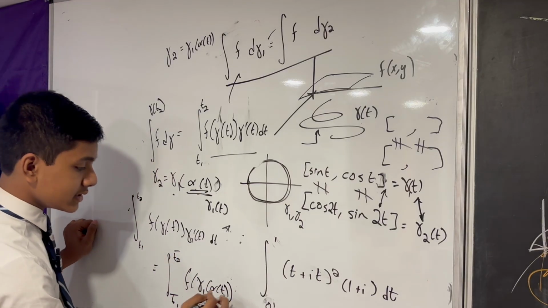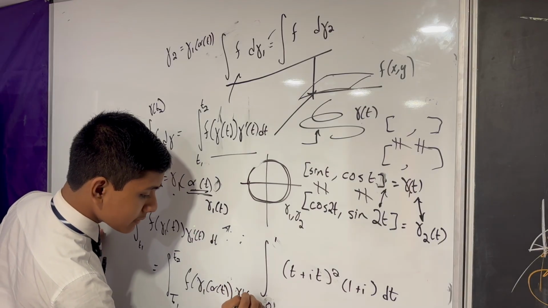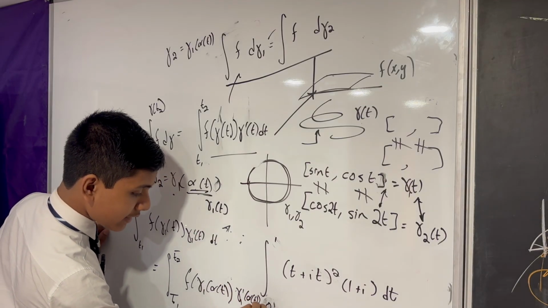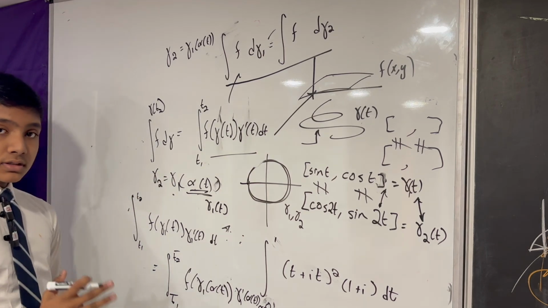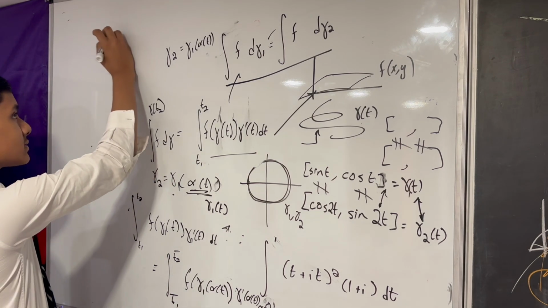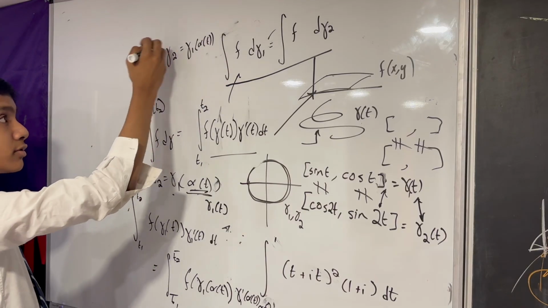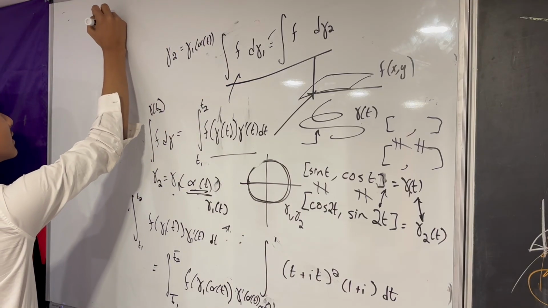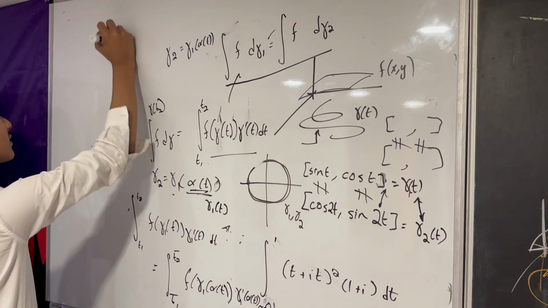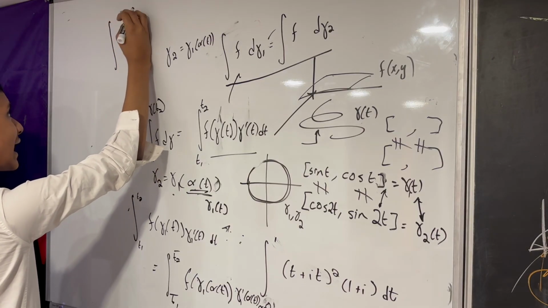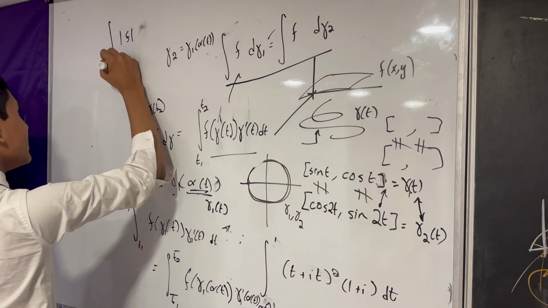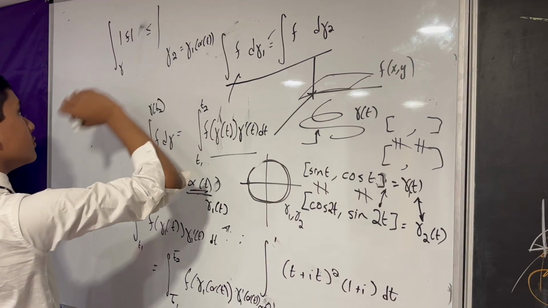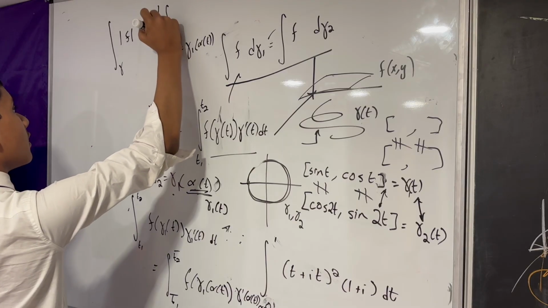Gamma 2 prime of t is just gamma 1 prime of alpha of t, times alpha prime of t dt. So, one last property of contour integrals is the triangle inequality. In specific, the absolute value of the integral is always less than or equal to the integral of the absolute value.